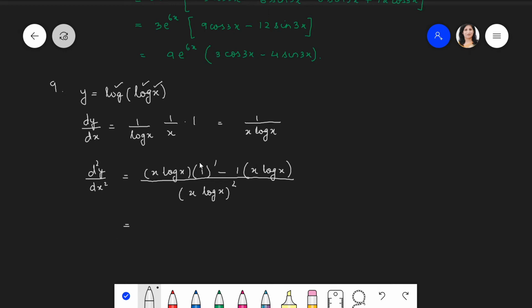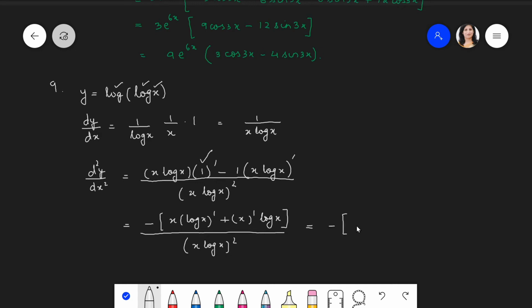So here this is a constant, so its derivative is 0, so the first term is 0 minus, here is the derivative. So now the derivative of x log x, so that means once again we are going to use the product rule. So x into the derivative of log x plus the derivative of x into log x upon the square of x log x.